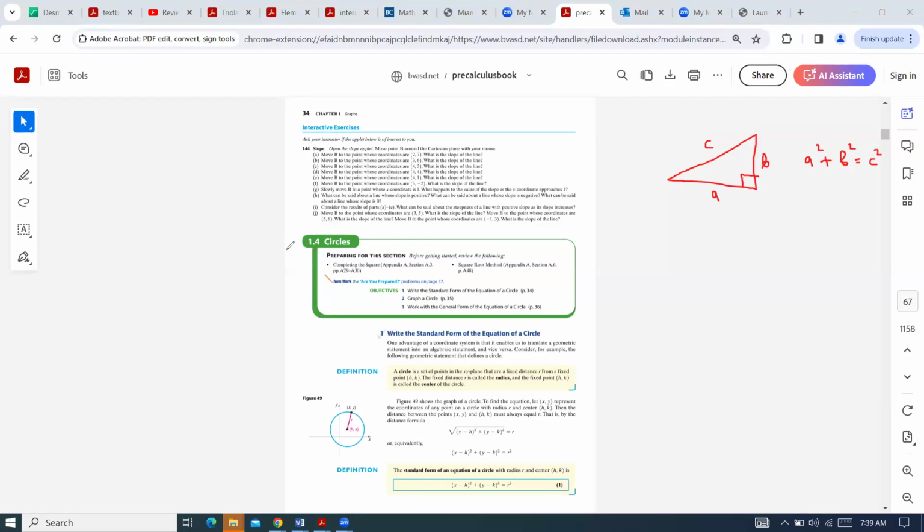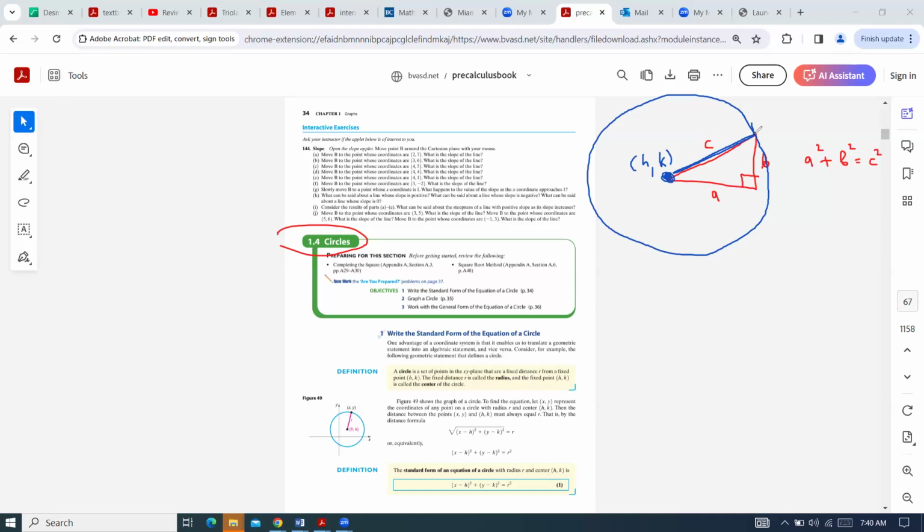So how is this applicable to the case of a circle? Well, it turns out that we produce a circle by fixing its center, and then we take the so-called segment or radius of the circle and rotate it around the center all the way around, and that way we produce our circle. The center is usually called a pair H and K. That's what we also like to use in college algebra for various points, like the vertex for parabolas, if you remember.